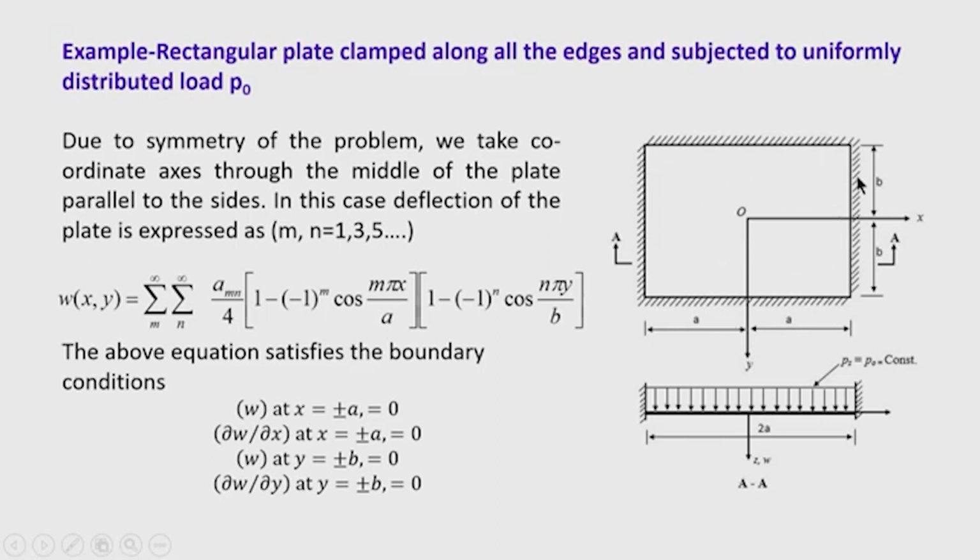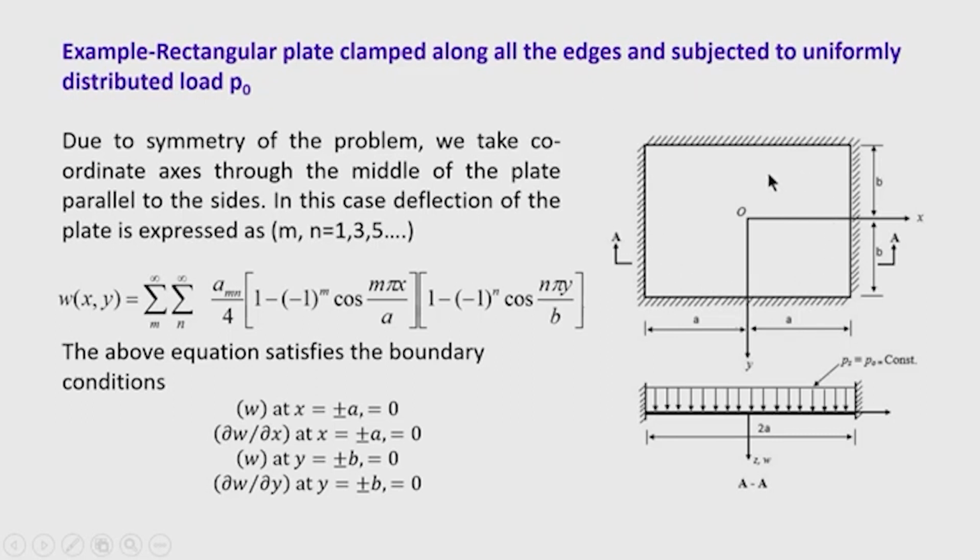Then the two results can be superimposed, so that the edge moment value can be found which makes the slope along the clamped edge 0. When that condition is imposed on the superimposed expression, we can solve the plate problem with all the edges clamped, but the method is very cumbersome and requires many steps. So, with the help of the Rayleigh-Ritz method, an approximate method, we can solve it very easily with the help of strain energy formulations.